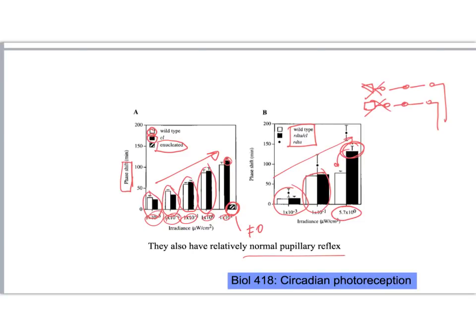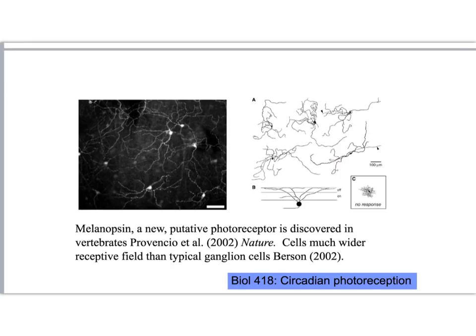So in other words, if you do any tests for image-forming vision in these animals, they are blind. So in a way, these animals are very similar to the first patient that visited Chuck Zeisler's lab, who reported to be blind but could still entrain. So this is starting to give a hint of what's going on with these patients.